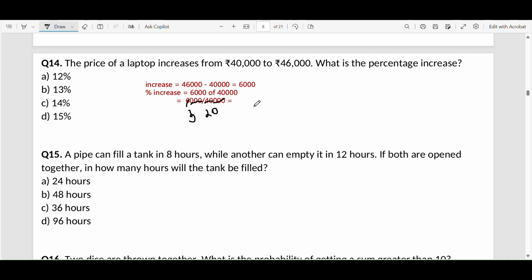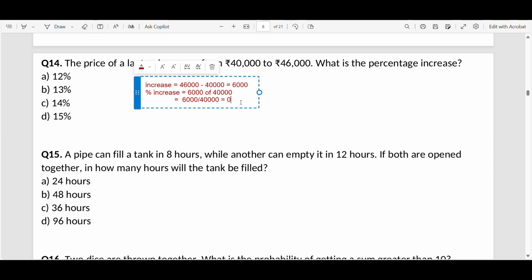When you calculate 3 divided by 20, yes, it is 0.15. And here, we are calculating the percentage, right? So, we need to multiply by 100. So, times 100, we'll be getting 15%, right?